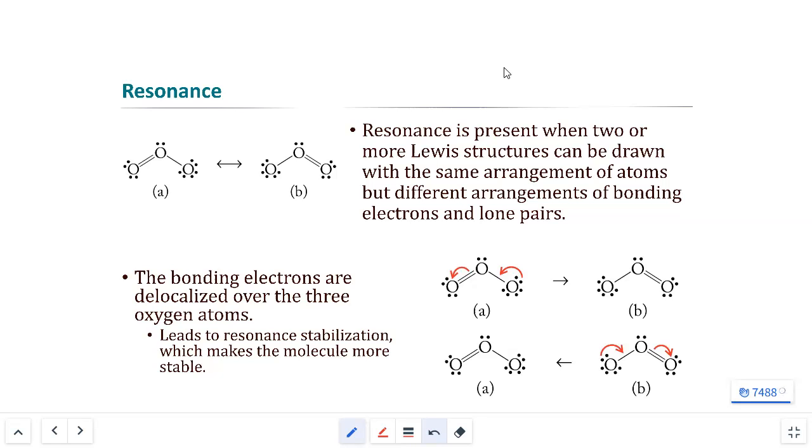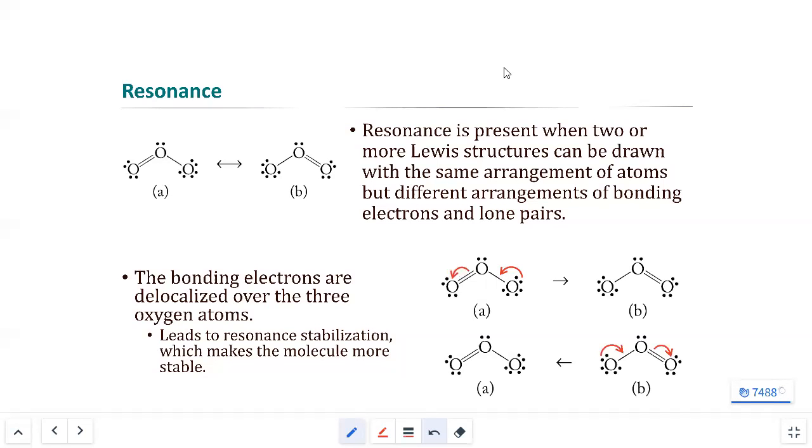Now, what actually happens, and this is where it gets a little bit funny, is that those electrons don't actually exist in either place all the time. Those electrons, that double bond, is kind of moving around. We call that delocalization. That means that the electrons aren't fixed to a particular location. They're delocalized. They move around.